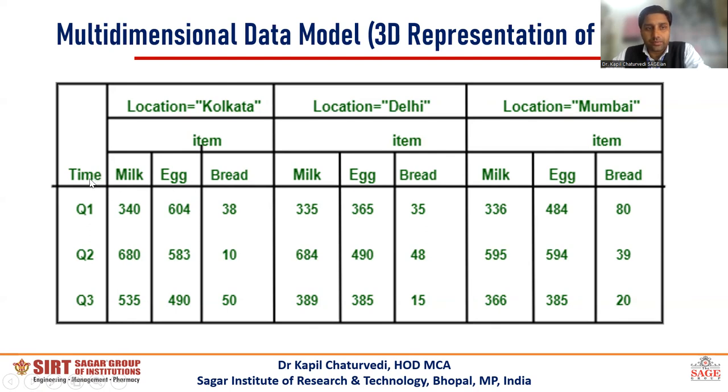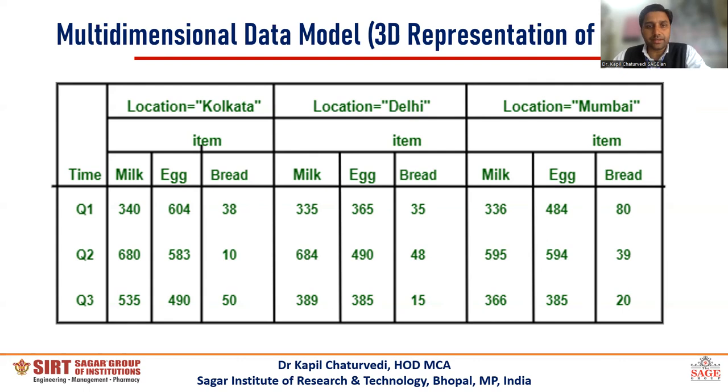So here that is milk, egg, and bread. This one is the first dimension, item is the second dimension, and location is the third dimension. With that kind of mechanism, we can represent data in a multidimensional view.